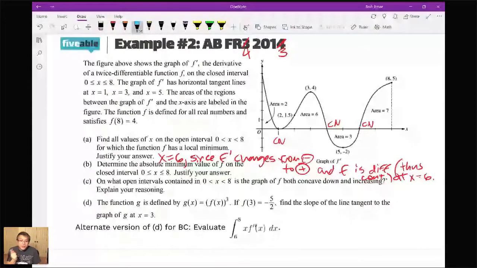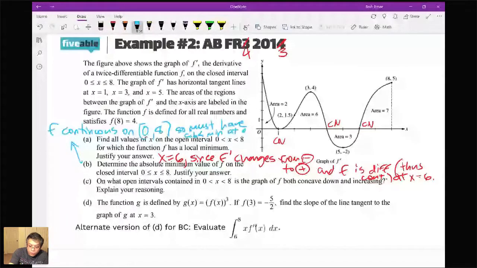All right, so determine the absolute minimum value of f. Now that is an extreme value theorem problem, right? f is continuous, so you can apply the EVT. So it must have an absolute min at an endpoint or critical number, right?